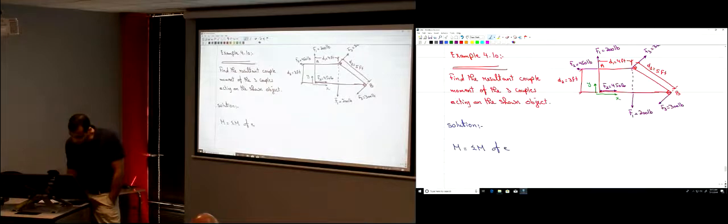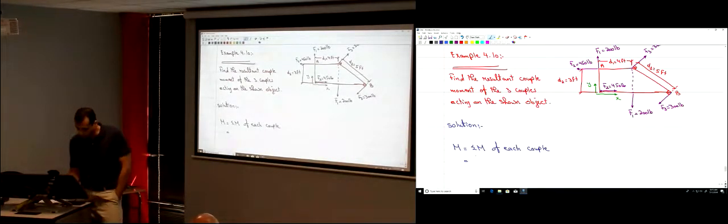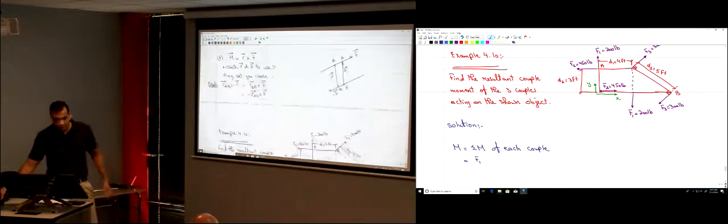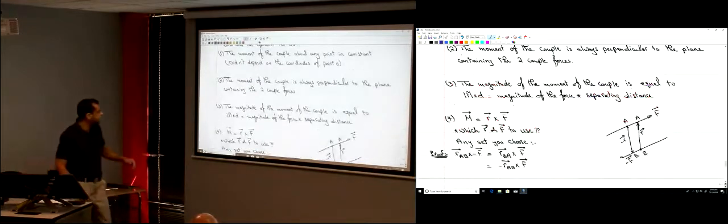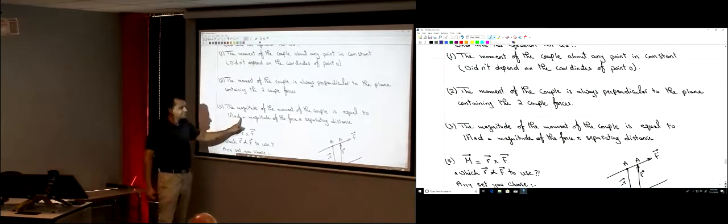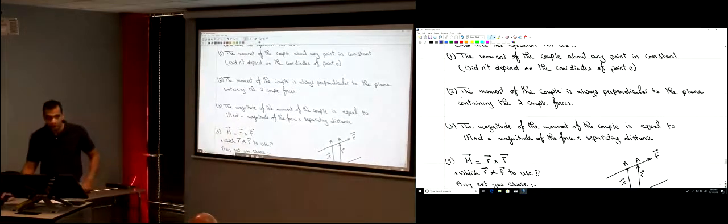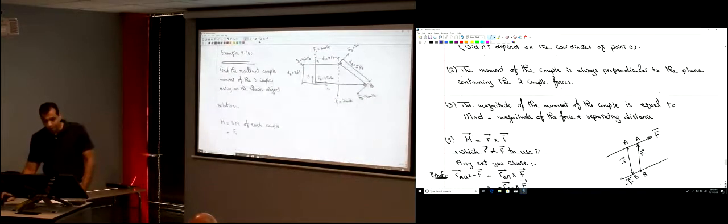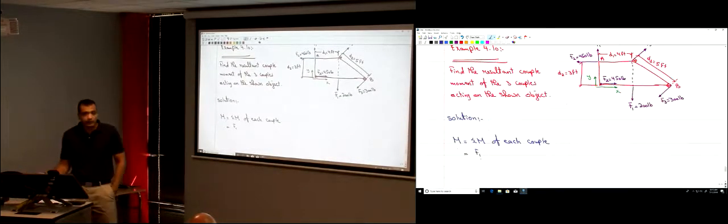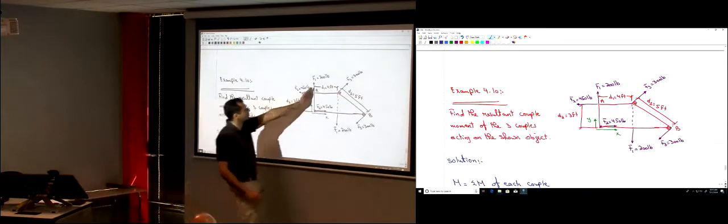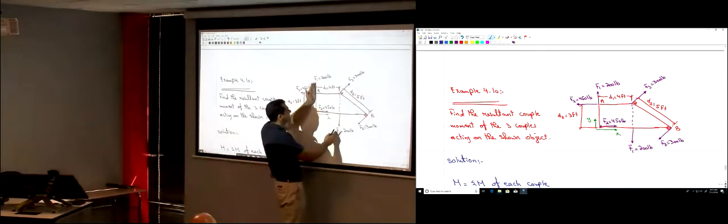So the moment here, M, is equal to the summation of the moments of each couple. So the first one, we have F1. What's the magnitude? It's the magnitude of the force times D. D is the separating distance between the 2 forces, perpendicular to the direction of the forces, right? So F1, I should multiply F1 by, where's the 2 forces F1? This is F1, this is F1. What's the distance perpendicular to those 2 forces?